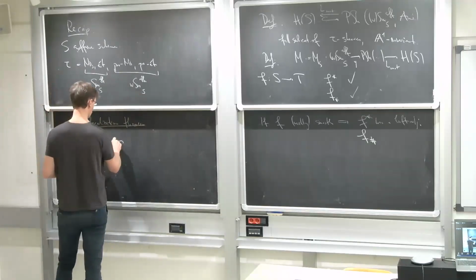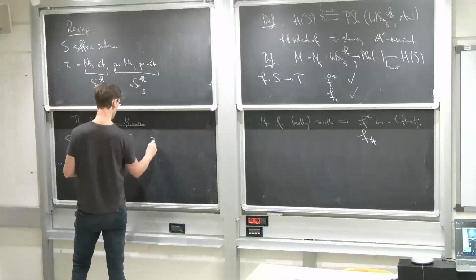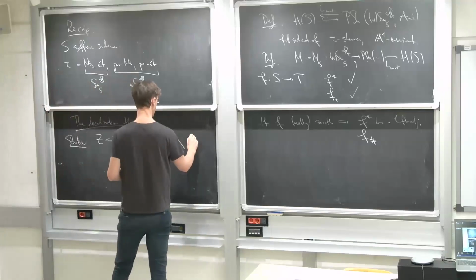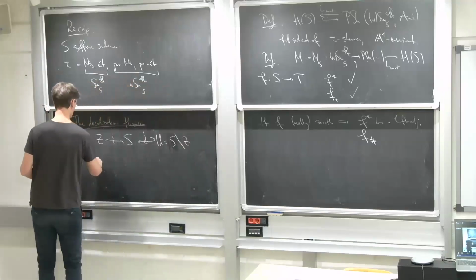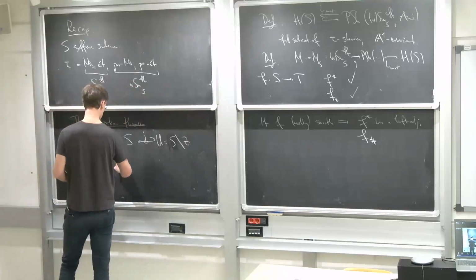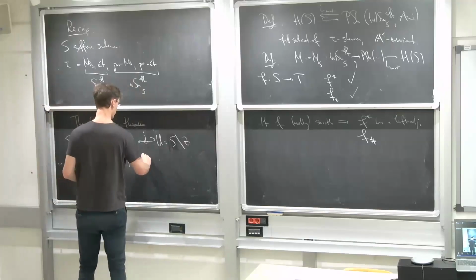We will consider the closed embedding i of some Z into S and its complement j, which is S without Z. And we will see why later, but we will assume at some point that j is quasi-coherent.